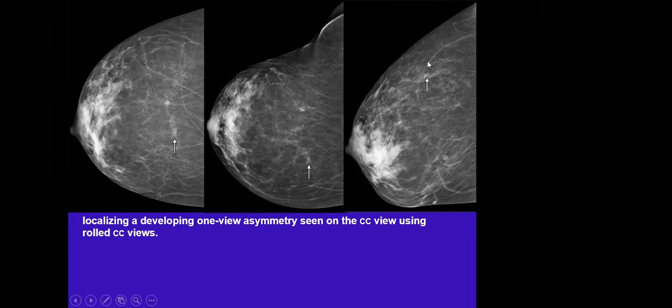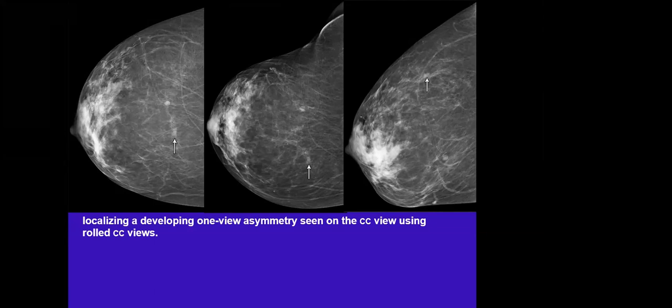From the appearance, you could appreciate which side it is going to. This is medial and this is lateral. So is this lesion superior or inferior? Superior, because it moves medially. Here we rotate the breast laterally and it moves laterally. It moves with the breast, as we mentioned.